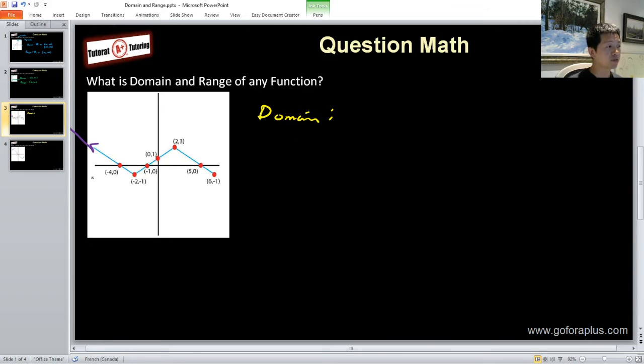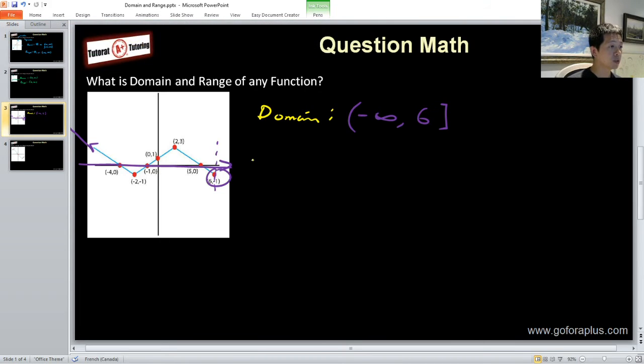So the domain is from negative infinity, because we always look at the x-axis for the domain, up to this point, because it stops right here. So it's up to 6. We include 6 with the square bracket, but we exclude the left side.